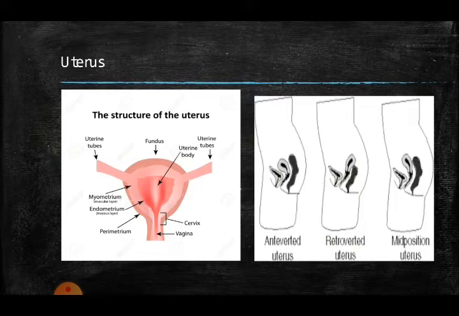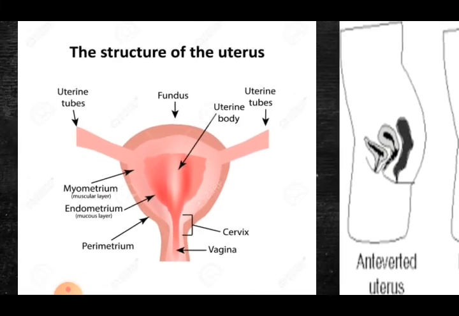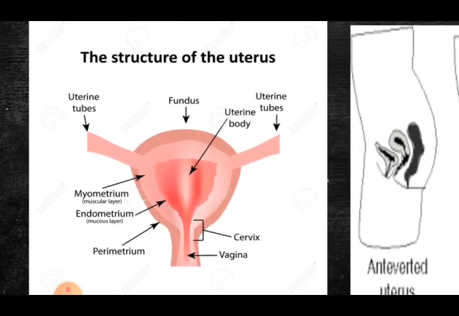So this is a coronal section, and we are looking at the uterus from the anterior aspect. And when we look at the uterus from the anterior aspect, then we divide it into various parts, and this dome-shaped part is basically called the fundus of the uterus. Then comes the uterine body, this narrow part here.